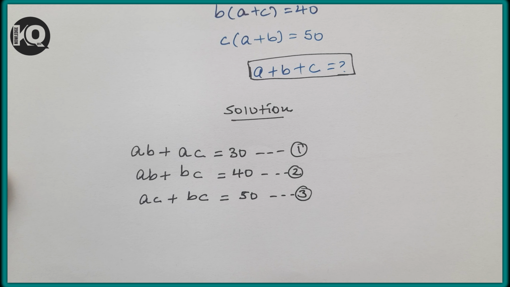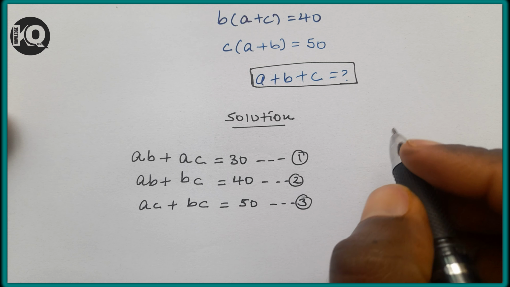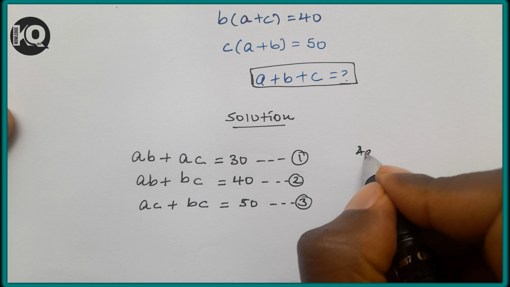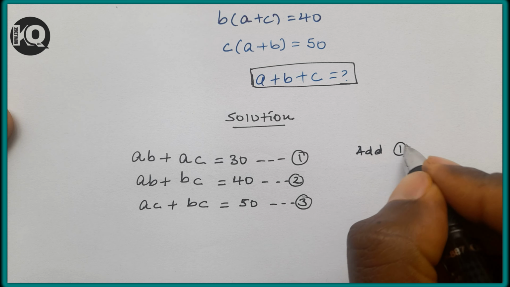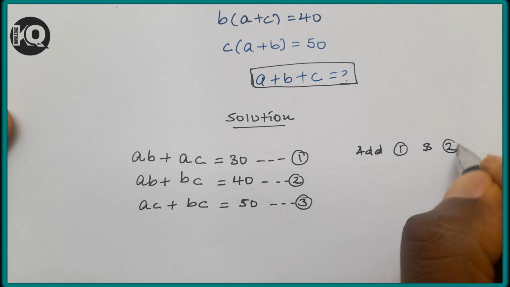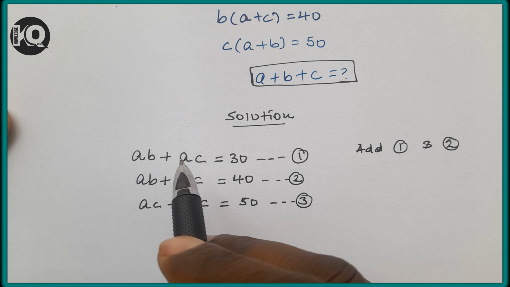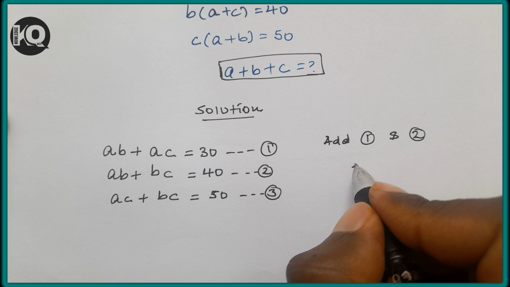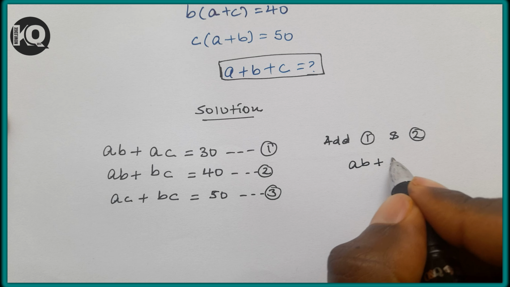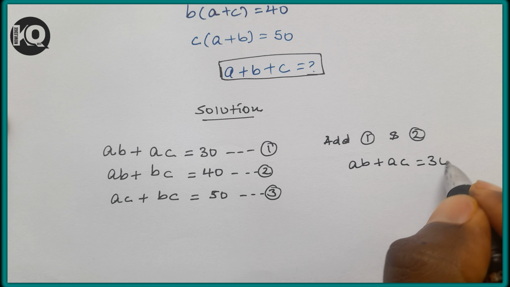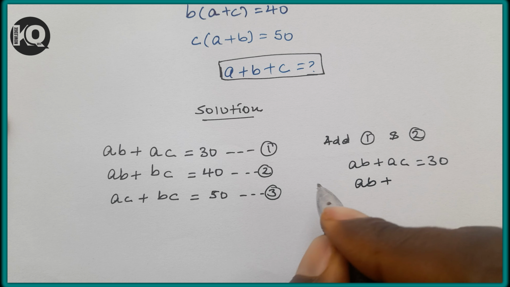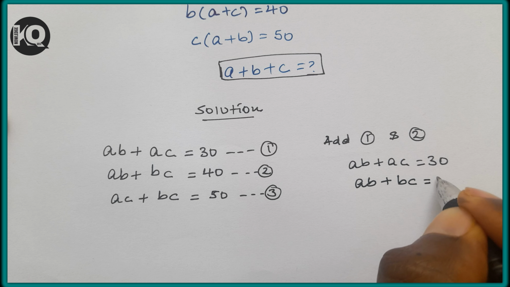In the second case, let's add equation 1 and equation 2. From equation 1, ab plus ac is equal to 30, and from equation 2, ab plus bc is equal to 40.